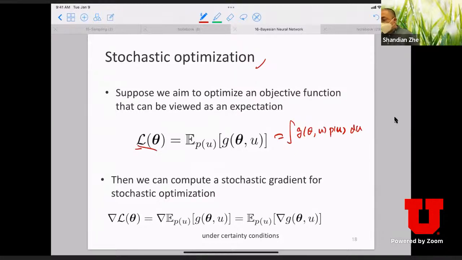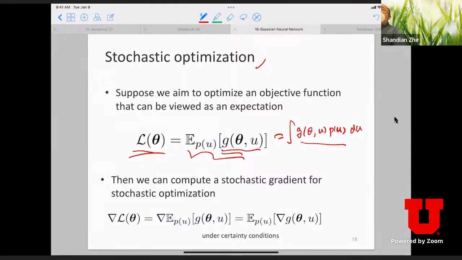So at first sight, if you have such an objective function, it might be hard to solve. Why? Because usually people give you a form of g, not the total form of L. That means you have to do this integral by yourself to get the whole form of L. That means you have to calculate the expectation and derive it by yourself.